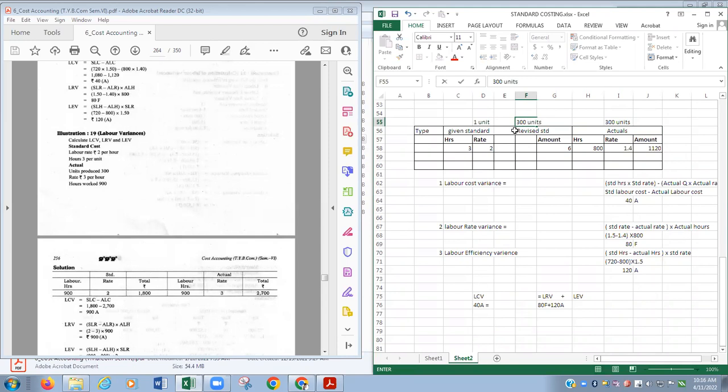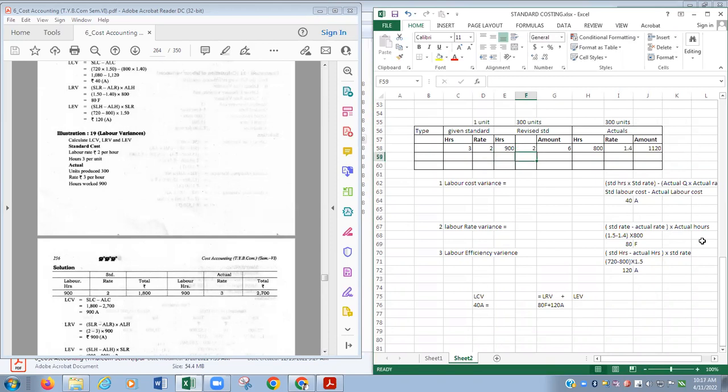While revising, just use the proportionate method, cross multiplication. For 1 unit you need 3 hours, so for 300 units you will need 900 hours. And what about the rate? The standard rate will remain the same, that is 2.